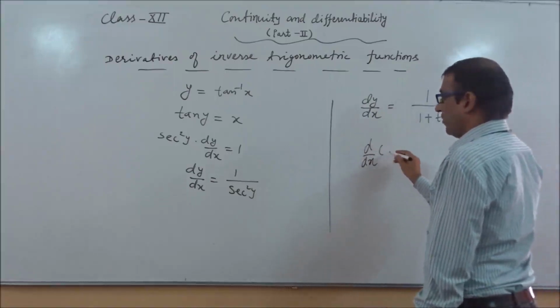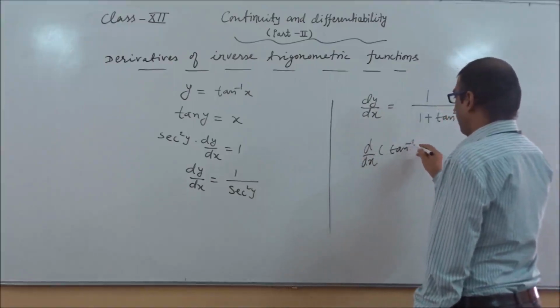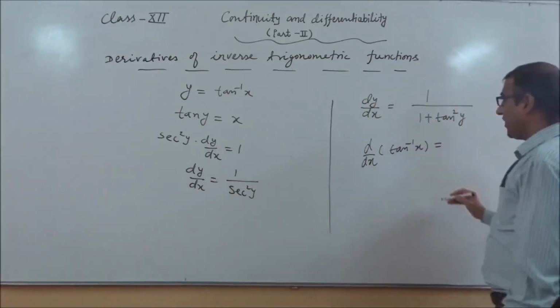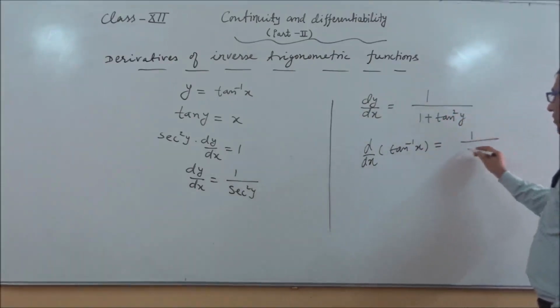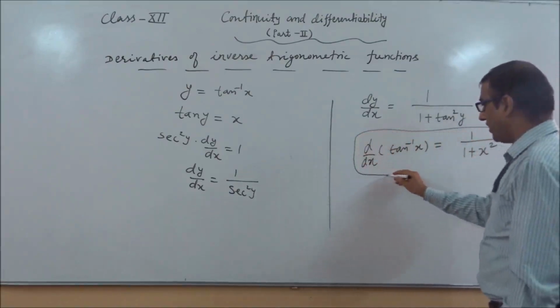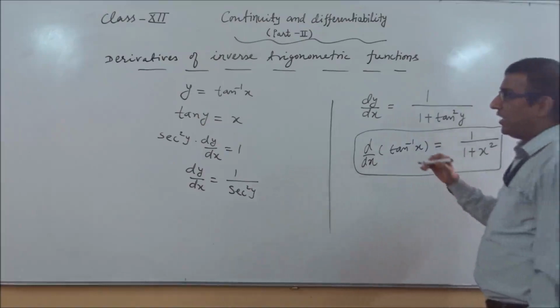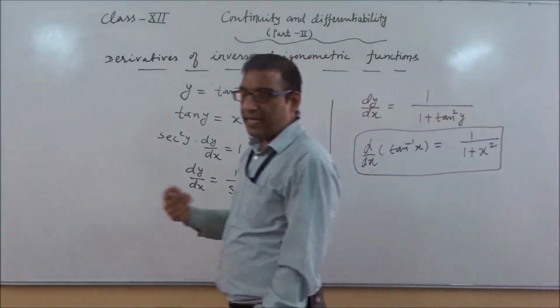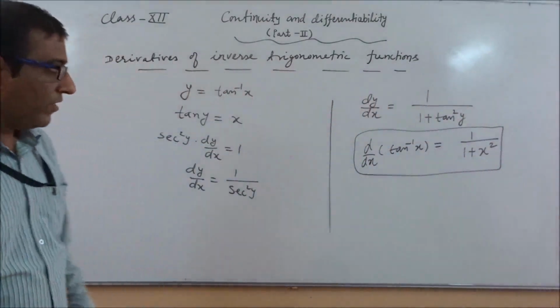So we can say the differentiation of tan inverse x equals 1 upon 1 plus x square. With the help of this procedure, we can do the derivative of any type of inverse trigonometric function.